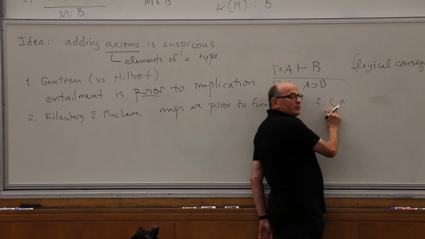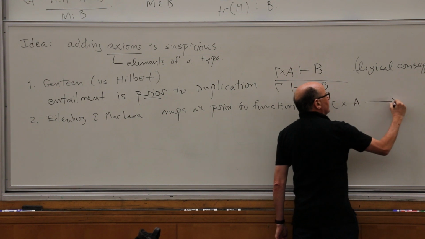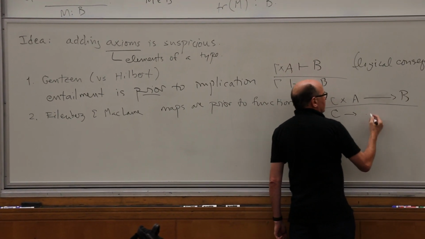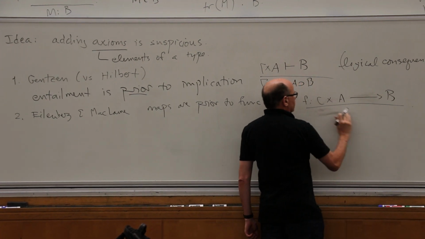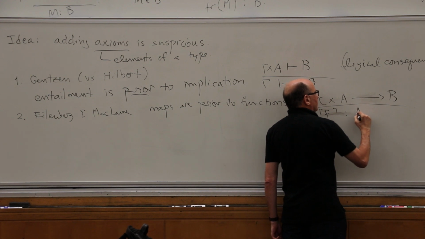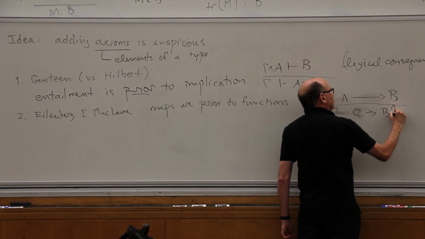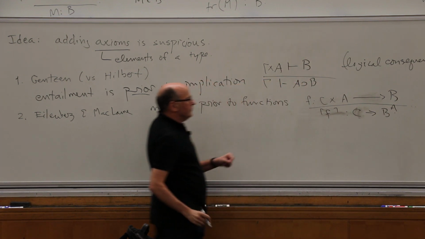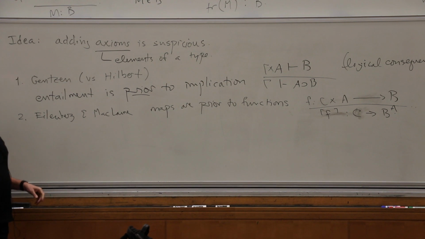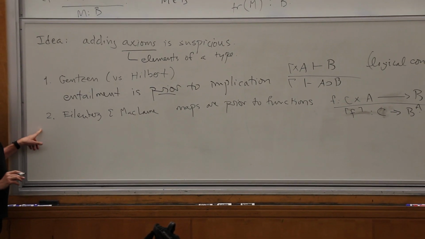So that's my gamma. After all, gamma is C, isn't it? Okay, so I have C cross A, and I have a map to B. Then you have a particular map from C to the exponential B to the A. The exponential is a different thing from the maps. So the hom comes first. Okay? It's the exact same idea. There's no difference. It's really just the exact same.